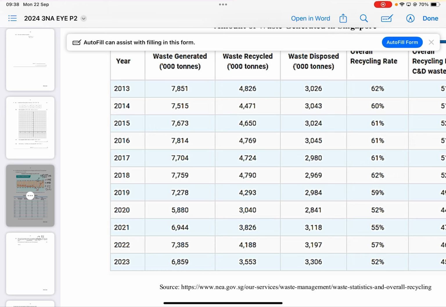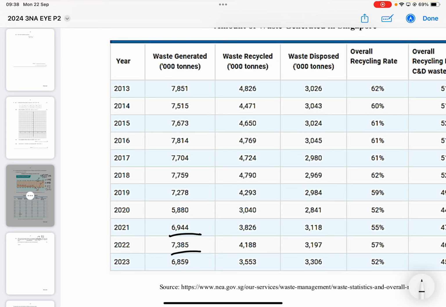But what number do you look at? Because we are looking at the total waste generated, we should be looking at the first column. This one is recycled, so all this is not. The only one that we should be looking for is waste generated. Total waste generated from 2021 to 2022. Then we want to find out this increase is how much in percentage. Okay? So these are the two numbers that we should be looking at.